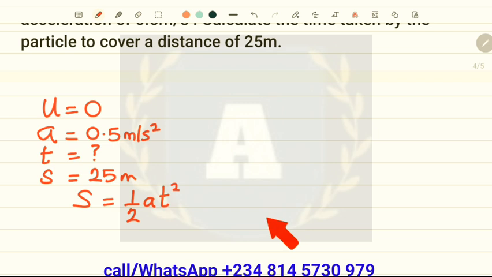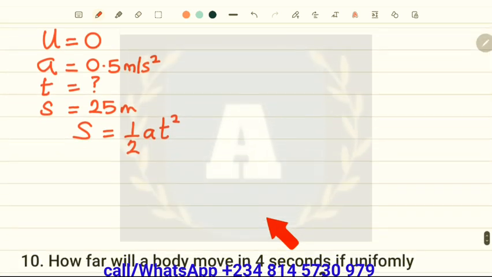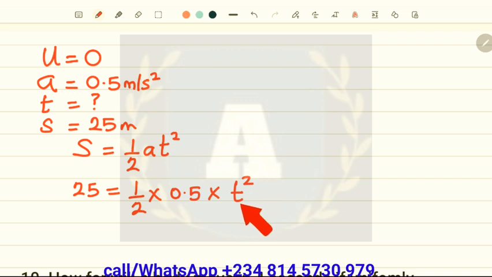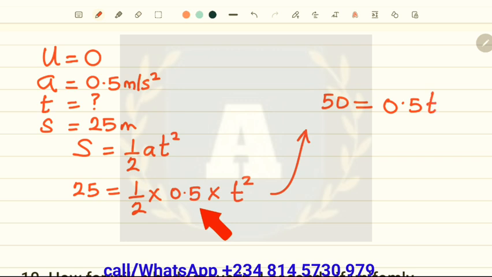That is 25 equals 1 all over 2 times acceleration 0.5 times t squared. What we want to get is t squared. On cross multiplication, we have 2 multiplied by 25, that is 50. 50 will now be equal to 0.5 t squared.